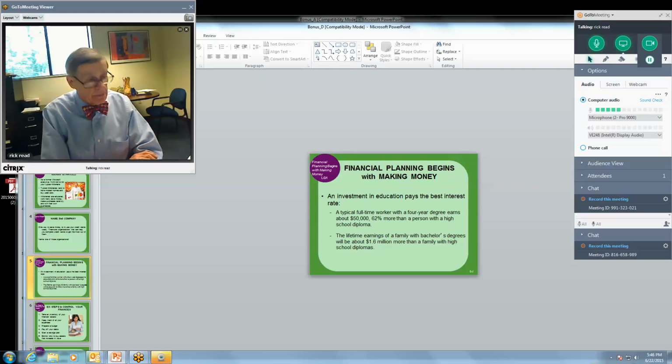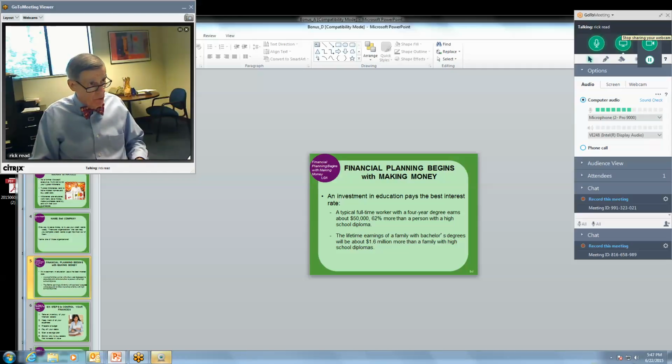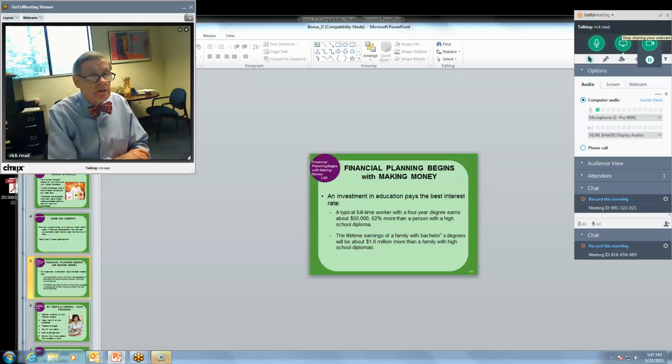Financial planning begins obviously with making money and then doing something with that money to earn more money. Notice it talks about an individual who is employed, who earns a 4-year degree, earns about $50,000 more, 62% more than a person with a high school diploma.